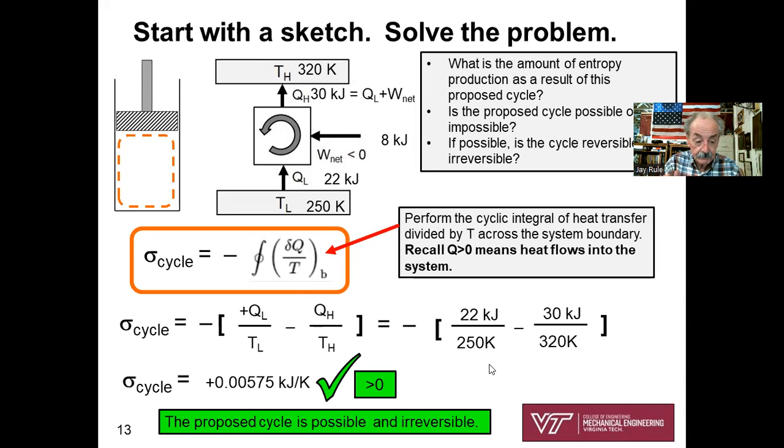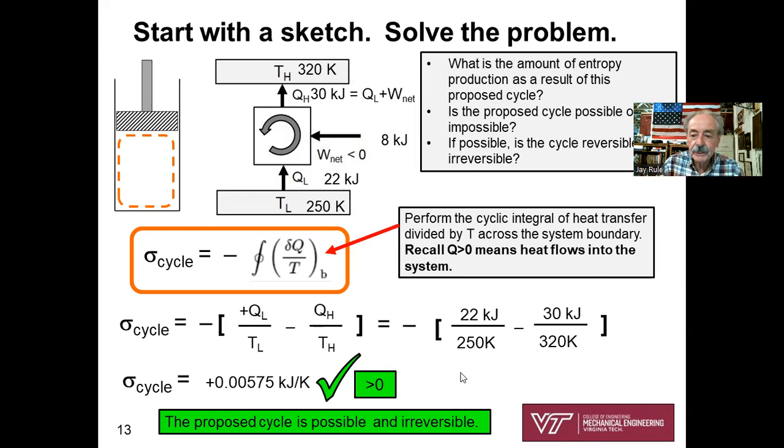I put my numbers into my expression, plug and chug, being careful to keep that minus sign there. And I've got sigma of the cycle is plus 0.00575 kilojoules per degree K, greater than 0. Well, so this proposed refrigeration cycle is possible and it's irreversible. Not so bad.